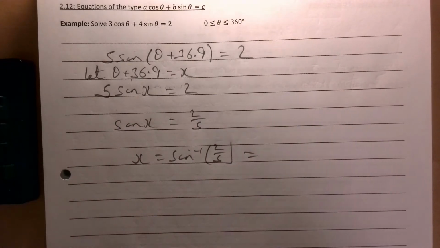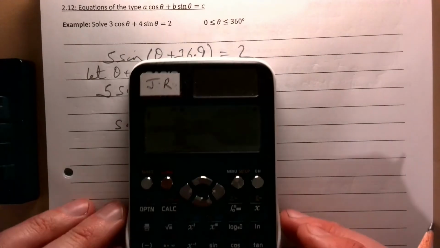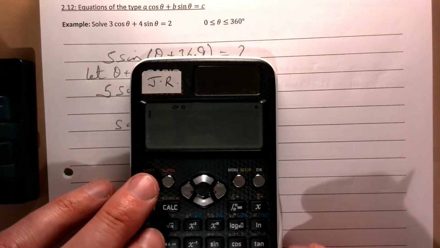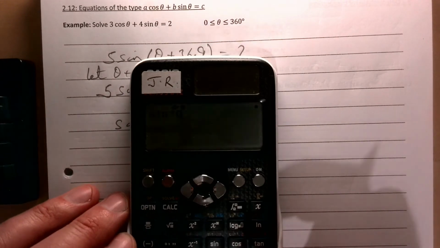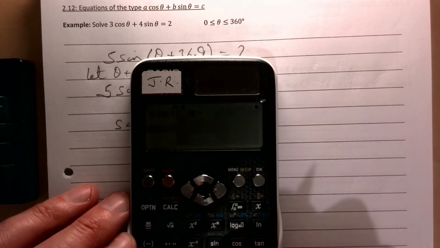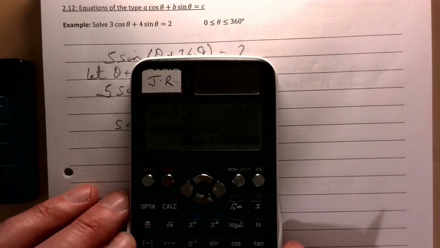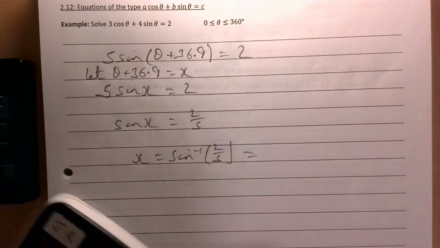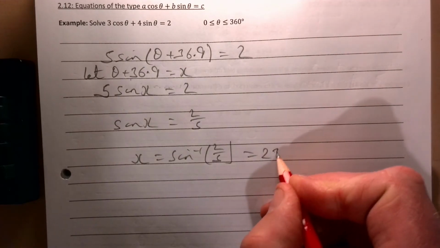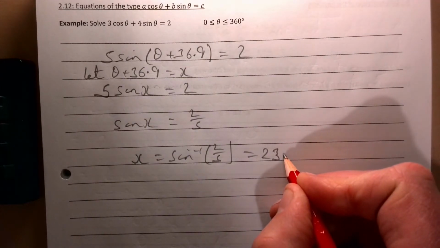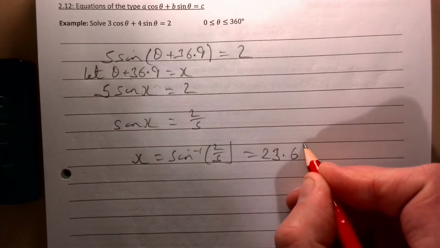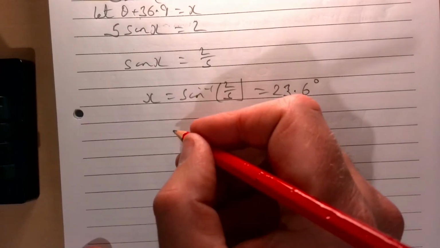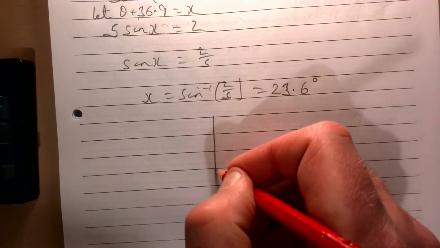Let me get my basic angle here. So shift sine 0.4, which is our 2/5, and we get 23.578, so 23.6 degrees.